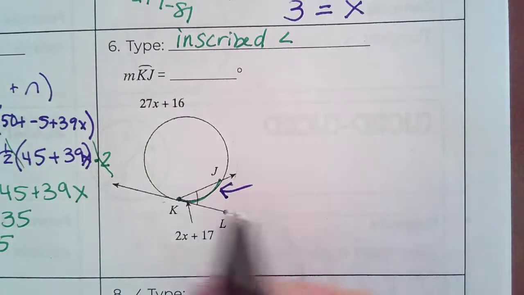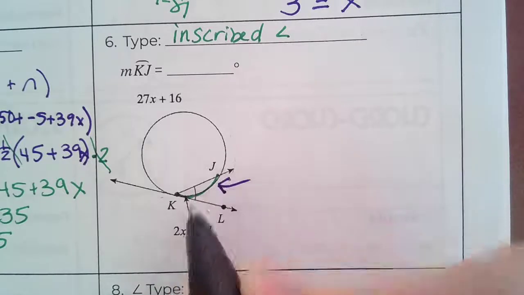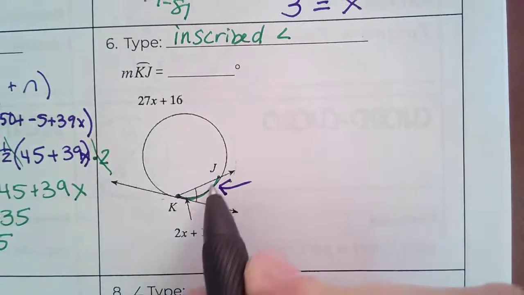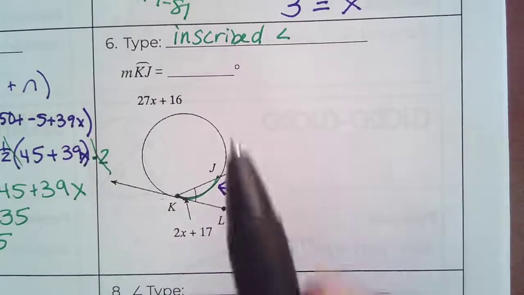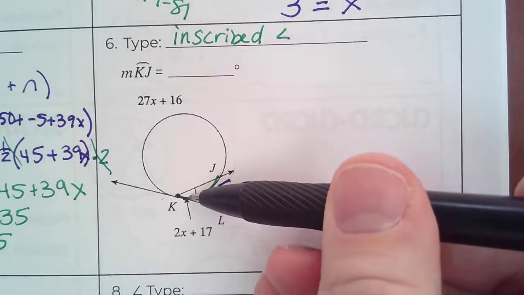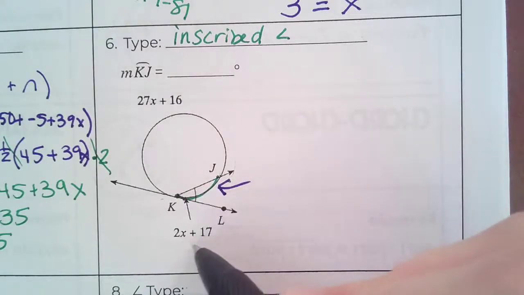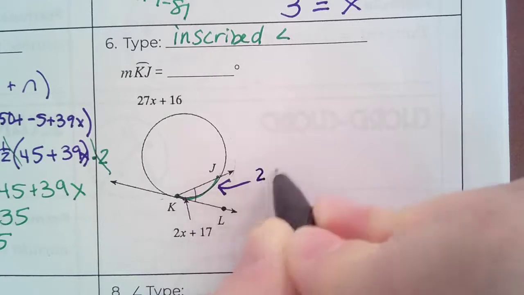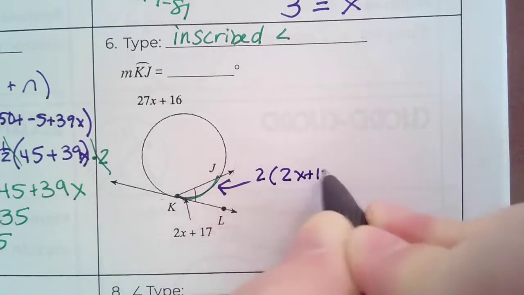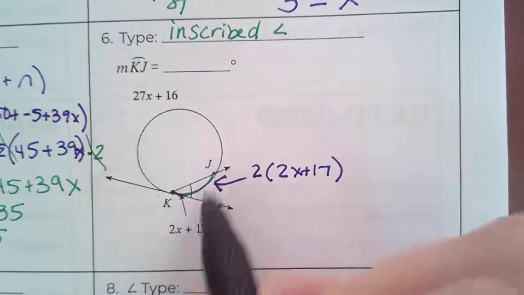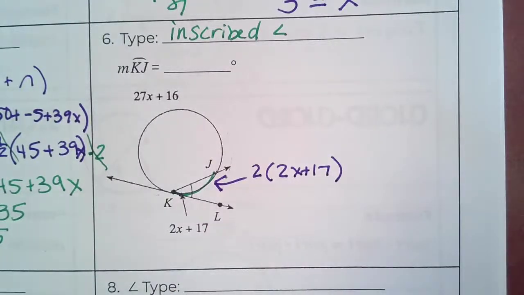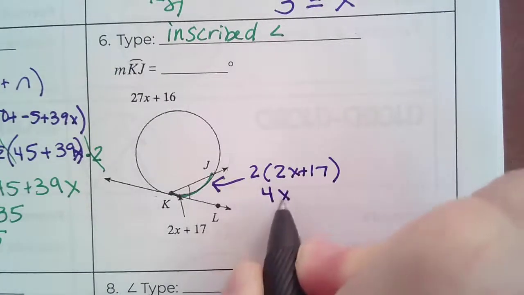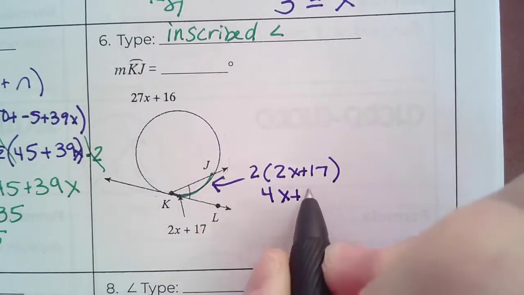In order to do that, I'm going to rename KJ. I don't have a name for it right now, or variables. I do know that KJ will be twice angle K. So if I take 2x plus 17 and multiply that by 2, I'll be able to have an expression for arc KJ. So this would end up being 4x plus 34.